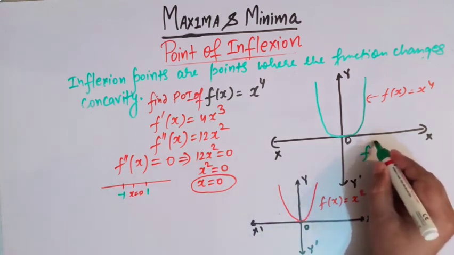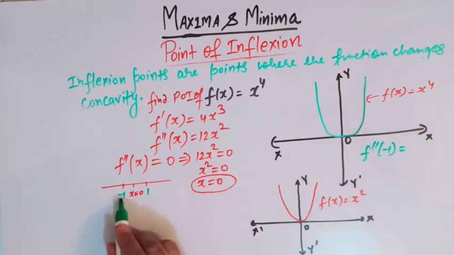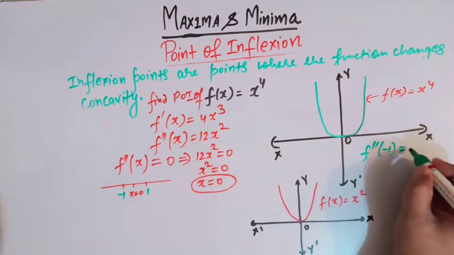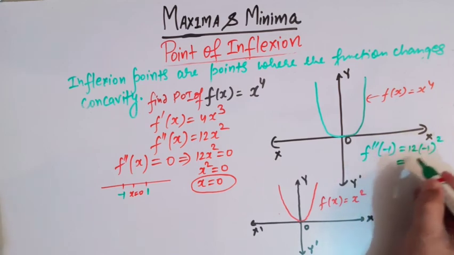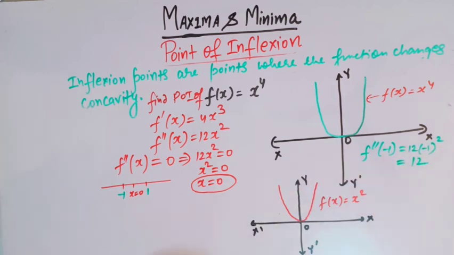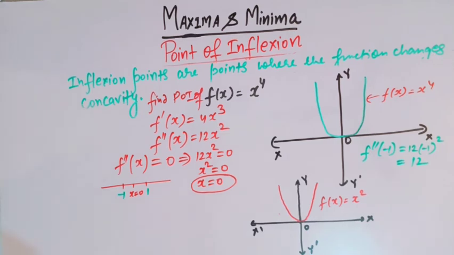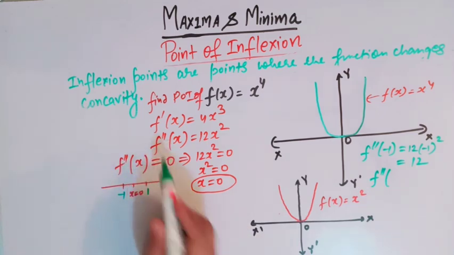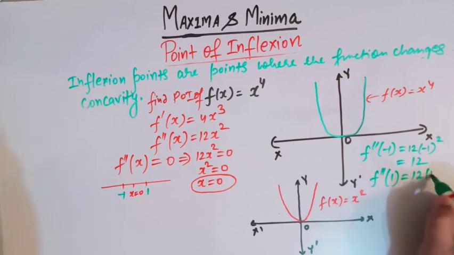So f double prime at x equal to -1 is equal to 12 times -1 whole square, and this is equal to 12, right? -1 square is plus, and then we find the value of this second derivative at x equal to 1, so we have 12 times 1 square, and that is equal to 12.